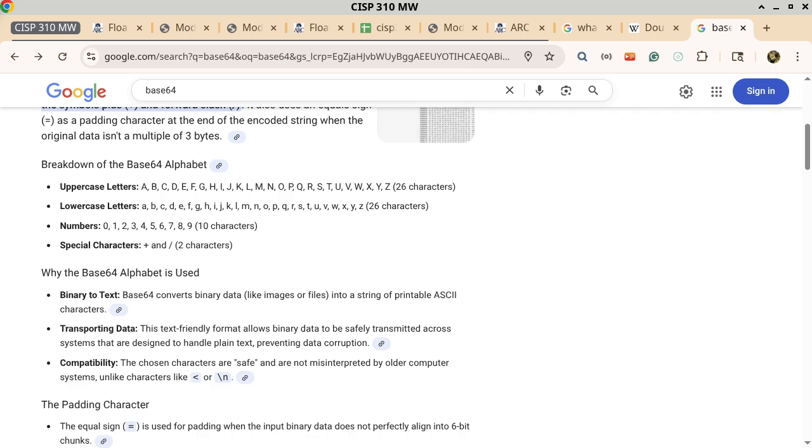Does that answer your question? There are 26 lowercase and 26 uppercase, so that's 52 right there, plus 10 usual digits, so now we're up to 62. And then we also need plus and slash to mean two specific values somewhere between 0 and 63. Is that okay?